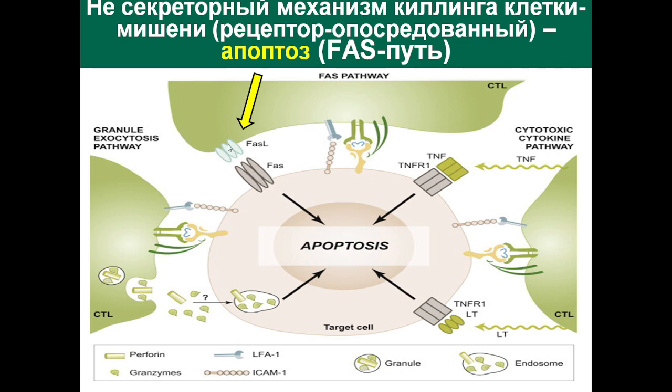This Fas ligand interaction causes generation of signal causing apoptosis and self-damaging of the cell. And on the right part, you see a cytotoxic lymphocyte that recognizes the target cell, and after this recognition secretes tumor necrosis factor.